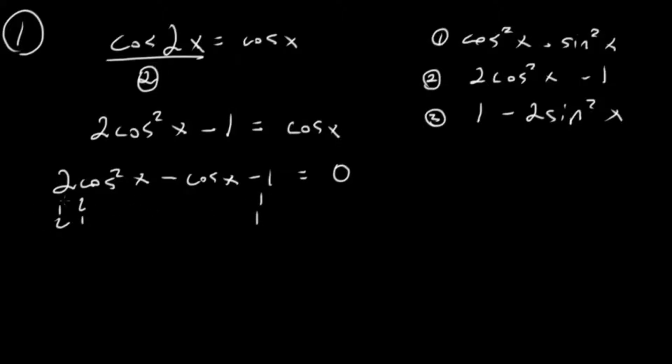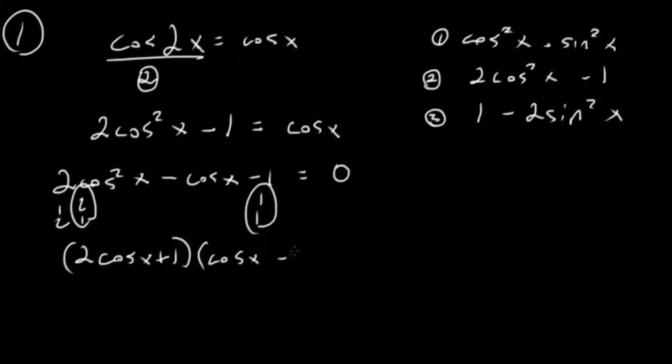There's only one possibility for the factors, and I'm just doing a lot of thinking in my head. That's going to be 2 cosine x plus 1 times cosine x minus 1.